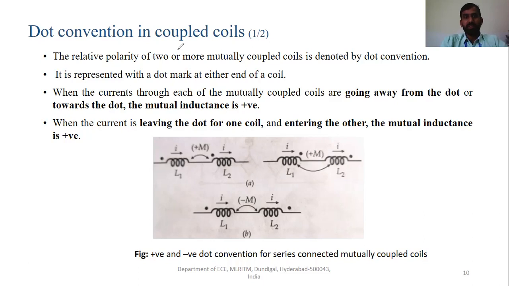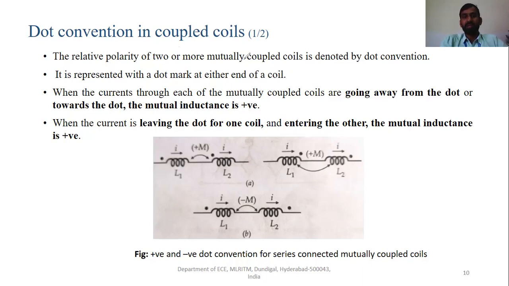So what does the dot convention state? Here you can check it out. The relative polarity of two or more mutually coupled coils is given by the dot convention. That means it is represented with a dot mark at one end of the coil.